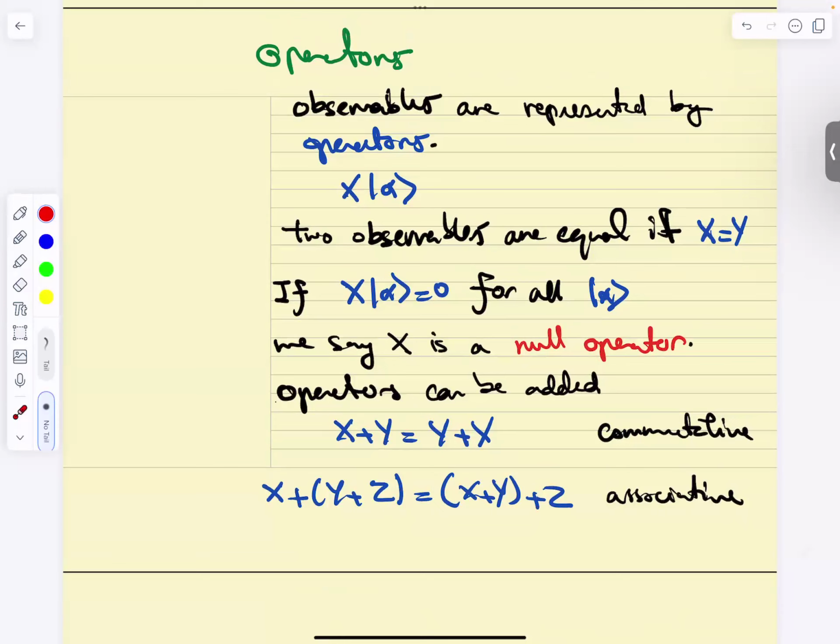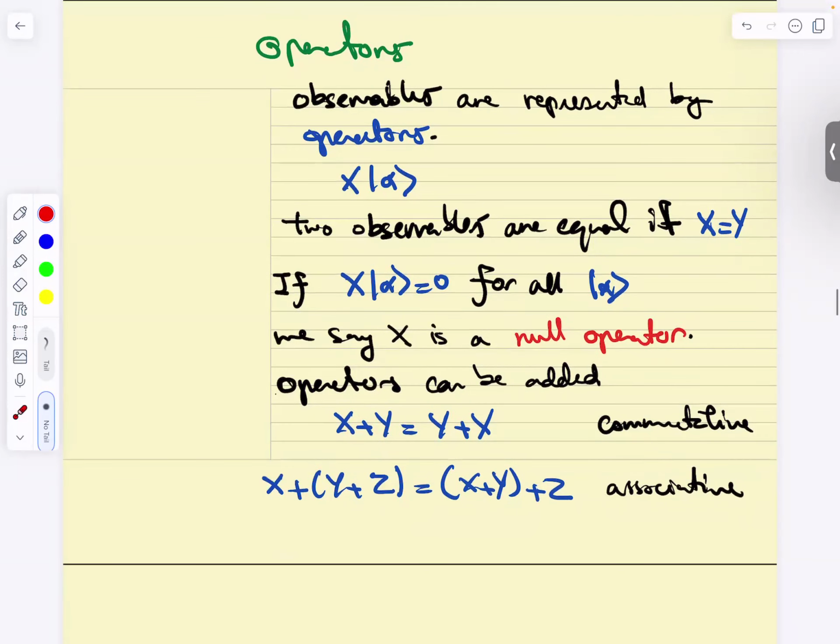I added vectors, kets, I added bras. Here we also can add operators, right? Let's focus on addition first. Adding two operators is a commutative operation, meaning that X plus Y is the same as Y plus X. How do you see that? When you take matrices and add them up, you add them element by element. That's commutative, meaning you could change the order.